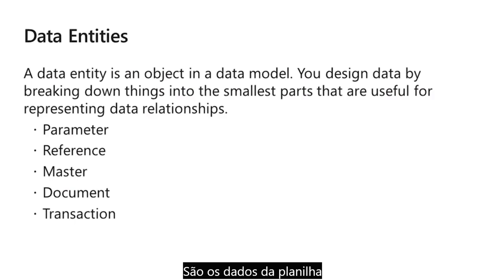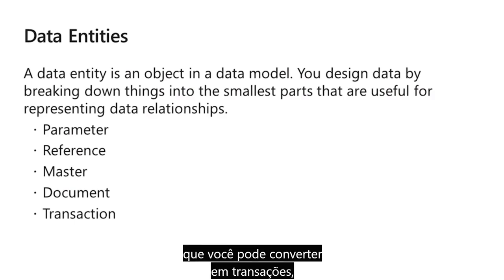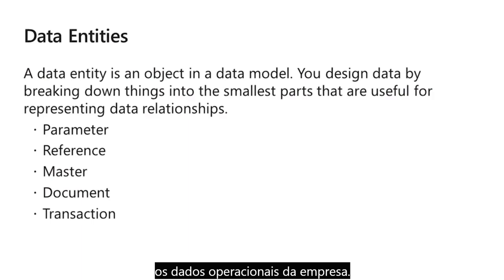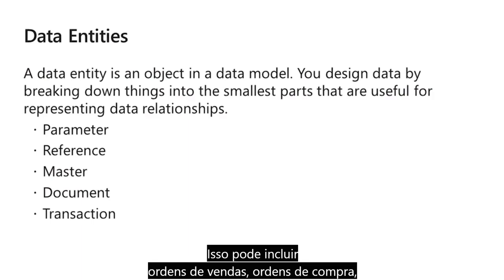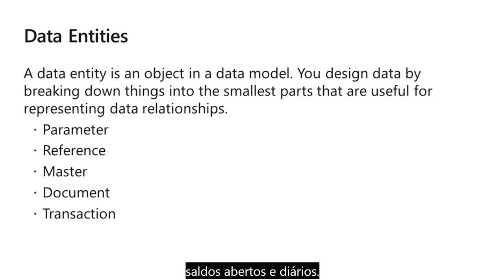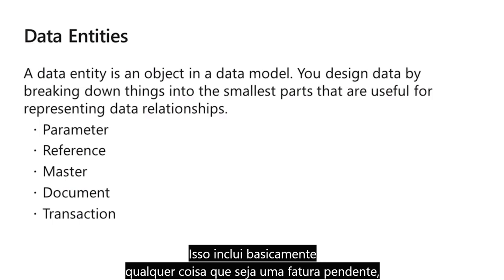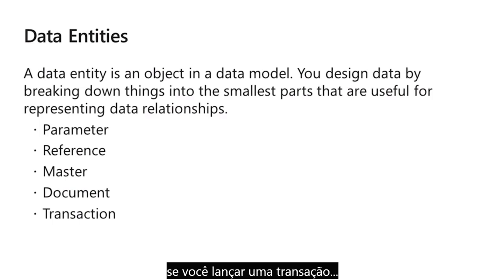So this is your worksheet data that you might convert into transactions, the operational data of the business. So this can include your sales orders, purchase orders, open balances, and journals. And then finally is the operational transaction data of the business. So that's our transaction data. So this includes basically anything that's a pending invoice. It can be posted transactions.